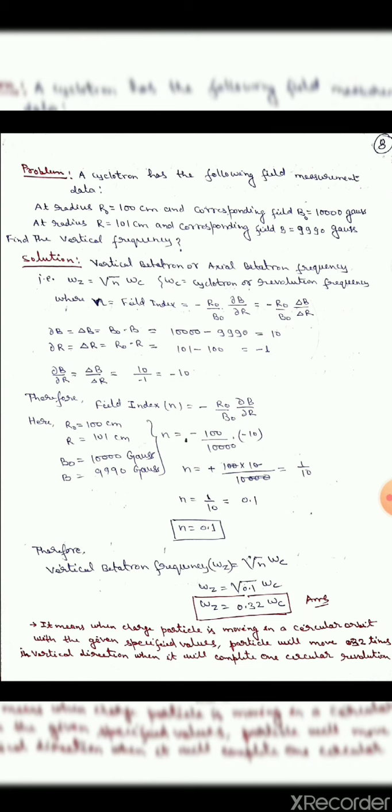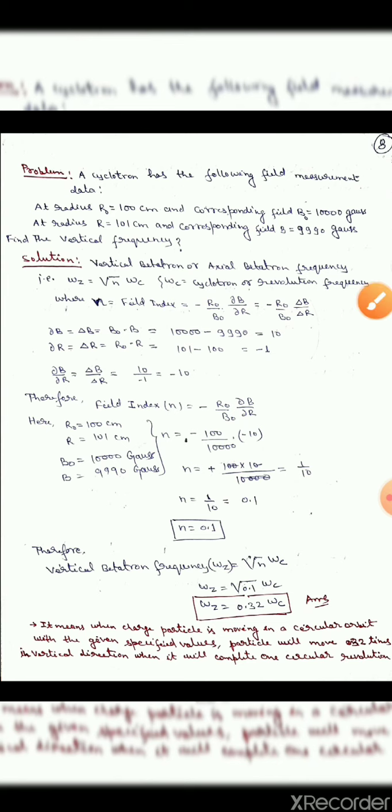From the problem it is given that r0 is equal to 100 centimeter, B0 is equal to 10,000 Gauss, and r is equal to 101 and B is equal to 9,990 Gauss.